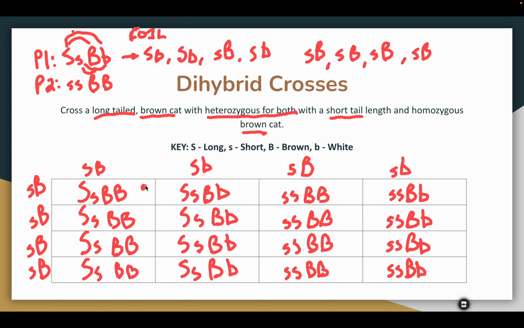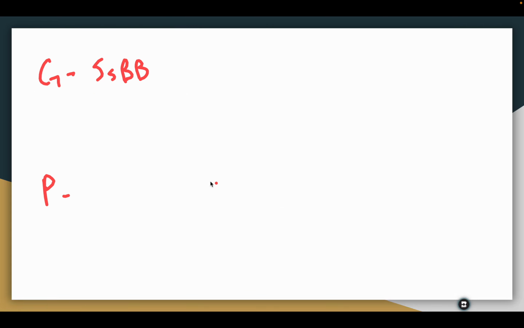If you followed the pattern, you'll notice that all of these in this column right here are the same. So if we can do the quick math, there are a total of 16 squares. It's very similar to how I would do my Punnett square ratios. It's out of a total of 16, and 4 of them are going to be heterozygous, long, and brown. We'll talk about that in phenotypes here in a second.